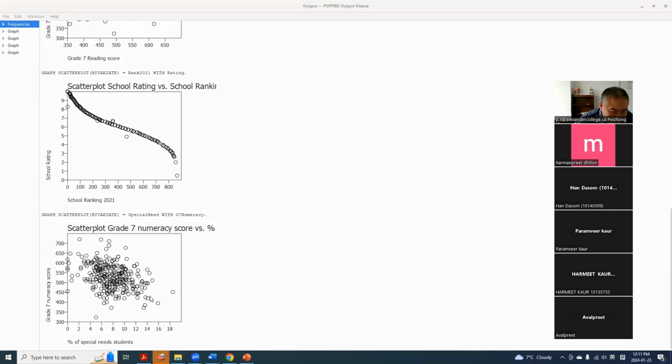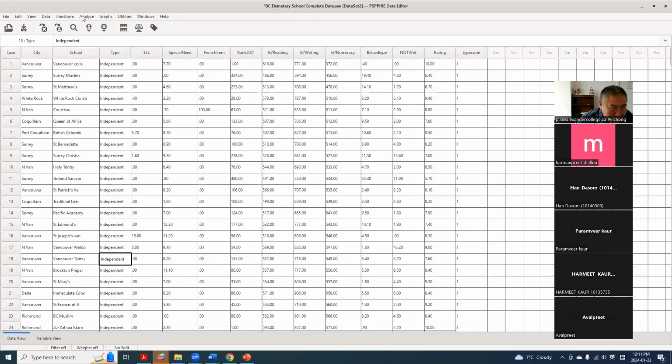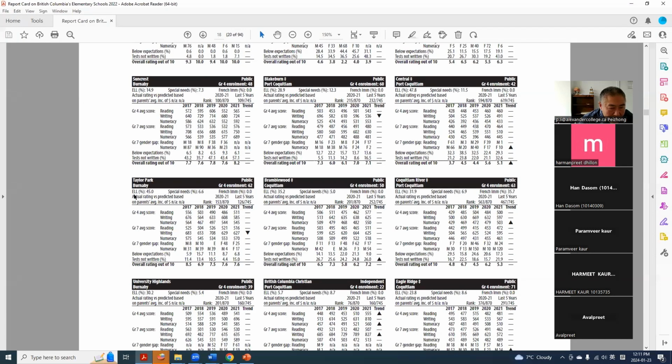And then what would a really weak correlation look like? Let me show you a really weak correlation. So suppose I'm analyzing, let me show you here, ELL, the percentage of English language learning students, and some of them have a lot, like Taylor Park, Burnaby, almost half, 45% of students are taking English language classes.